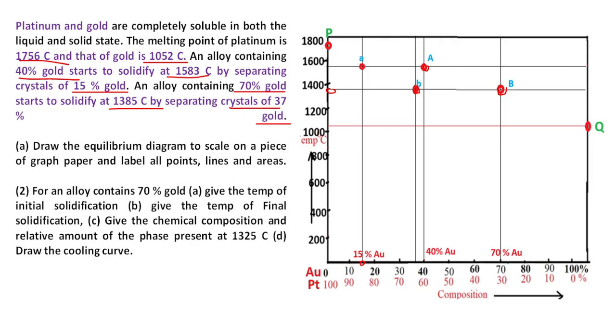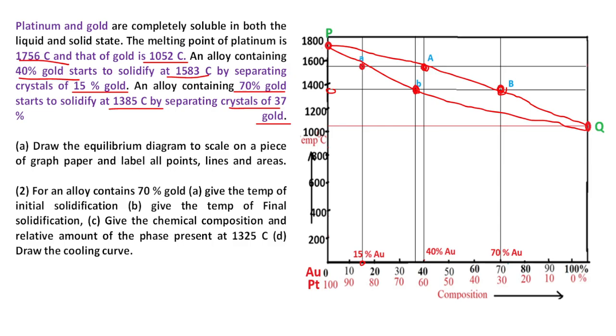Next we join the points P, A, B, Q, and small a, small b. This is the isomorphous system of platinum and gold.